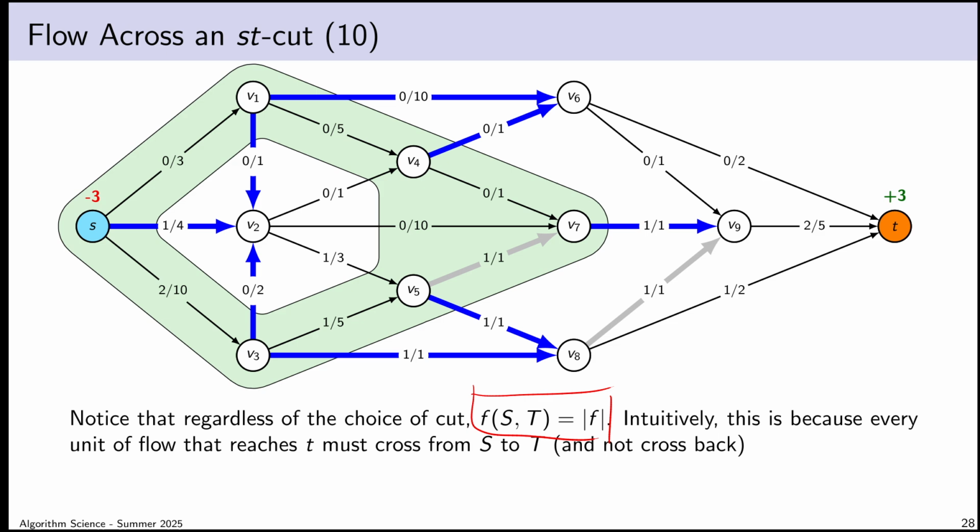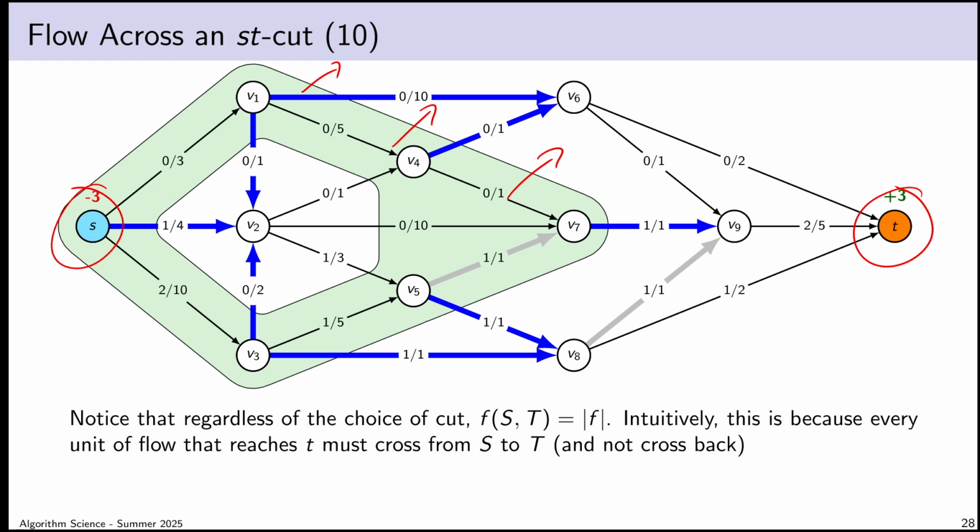There's a pretty easy intuitive justification. Because the source vertex S is in the set S, and because the sink vertex is in the set T, all of the flow that leaves the source vertex S, which ultimately is where all flow comes from, because we can't have flow originating anywhere else since that would violate conservation, all of the flow that leaves the source vertex S and eventually gets to the vertex T needs to exit the set S and not come back.